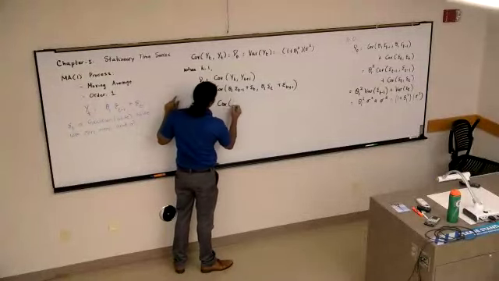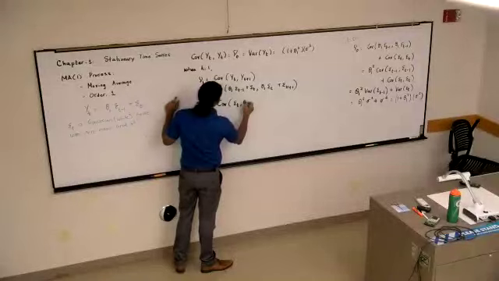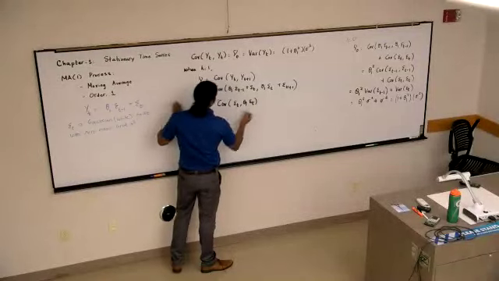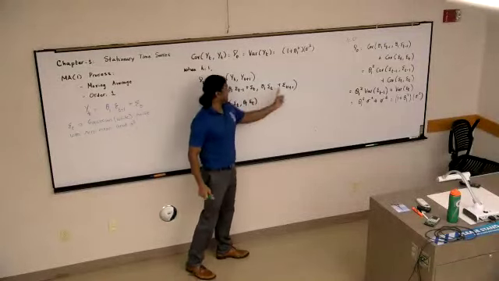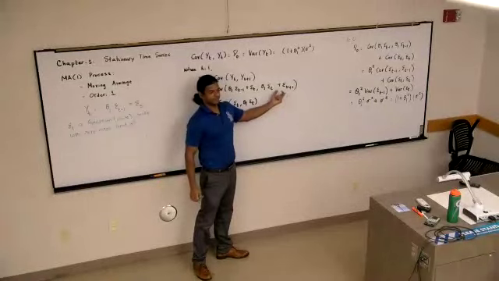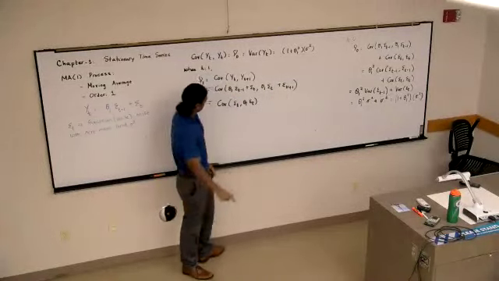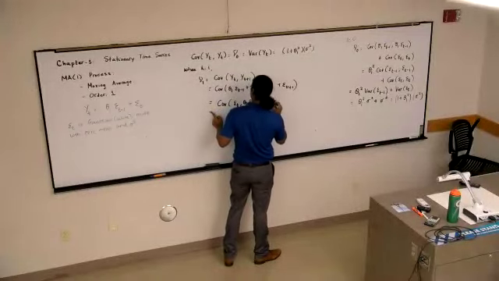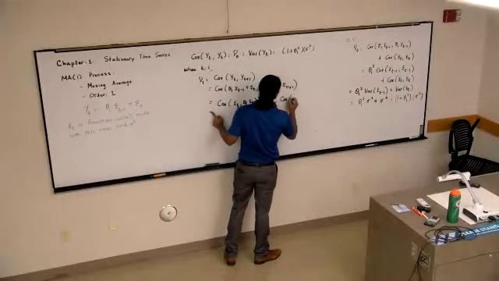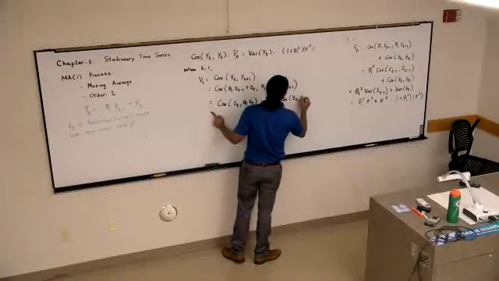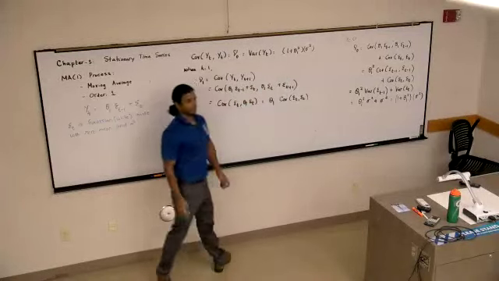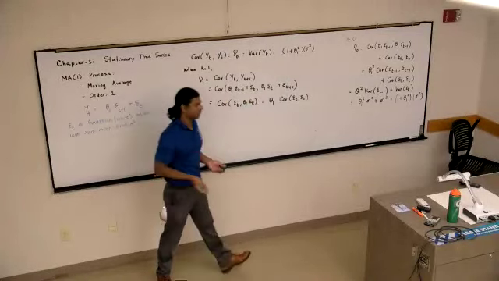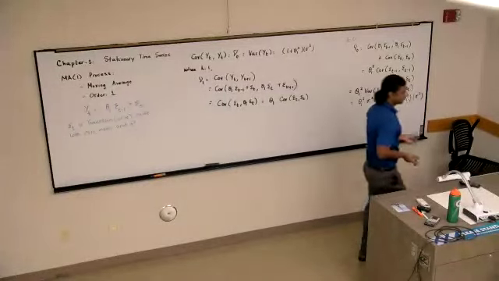So covariance of epsilon t, comma theta 1 epsilon t. That's not. Index doesn't match, so I don't care. So there is a constant out, so I can pull theta 1 out, which will give me covariance of epsilon t, comma epsilon t. But what is covariance of epsilon t, comma epsilon t?